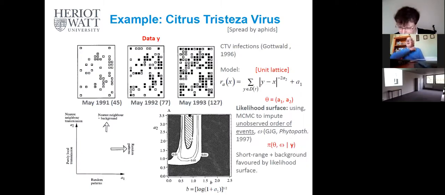This is actually from about 25 years ago, the first example that I ever looked at, I think, where I saw a scientist, Gareth Hughes in Edinburgh, talking about citrus tristeza virus, which is a virus disease of citrus. And he was looking at data where you had observations from 3 years, a year apart. This is an orchard in Spain.